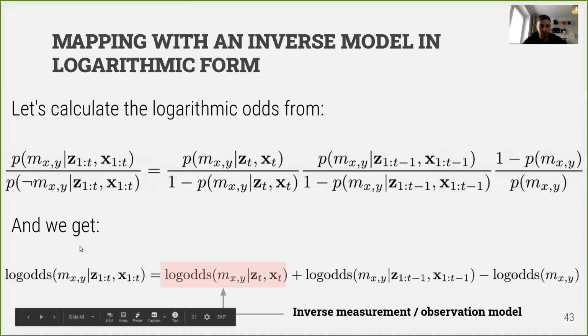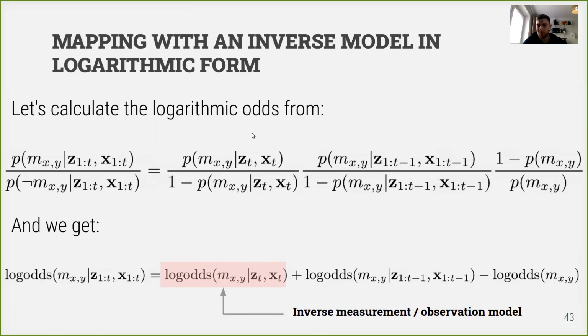This is the log odds of a map cell being occupied, given all our sensor readings and all our poses. This is what we are looking for, and it is equal to a summation of three terms. It is really simple. It looks much simpler than this crazy formula with fractions and multiplications.